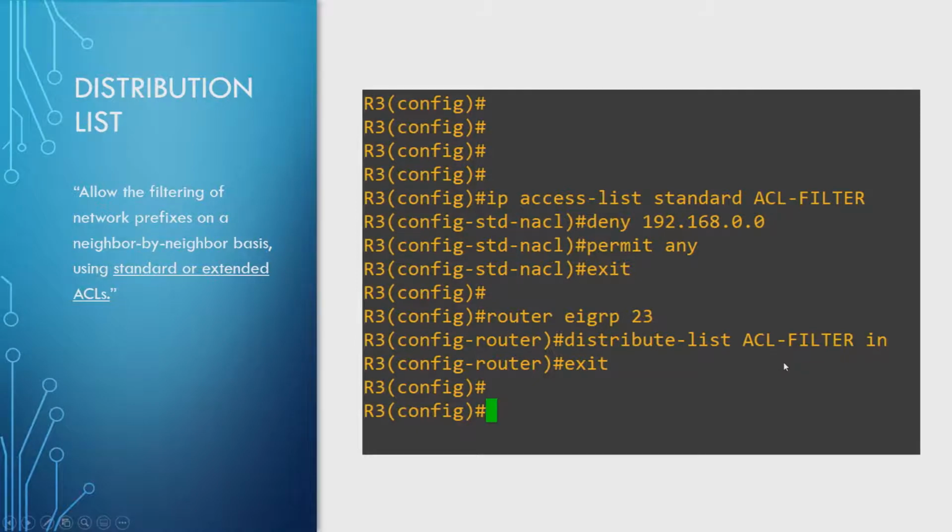And that's the basics of how you can use a distribute list. You just define distribute-list, and then what you're actually matching against, and then the direction, if it's going into EIGRP or out of EIGRP.